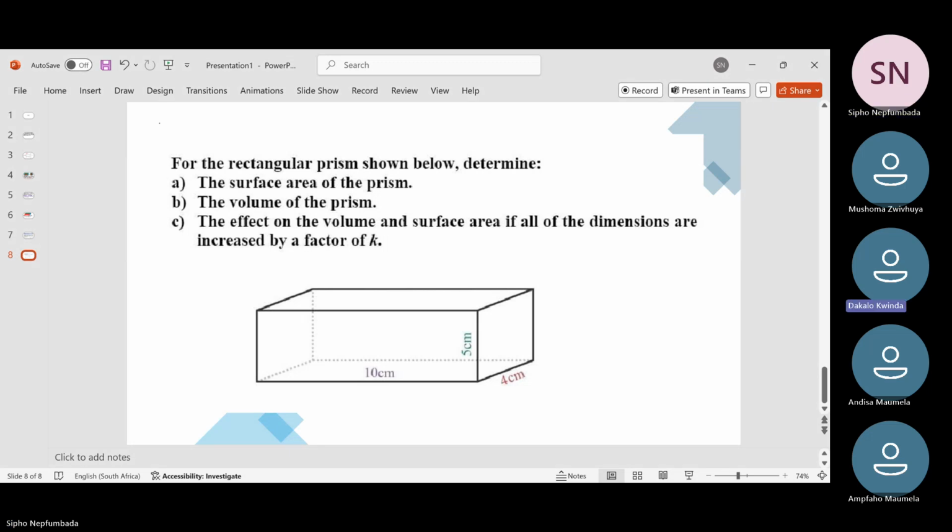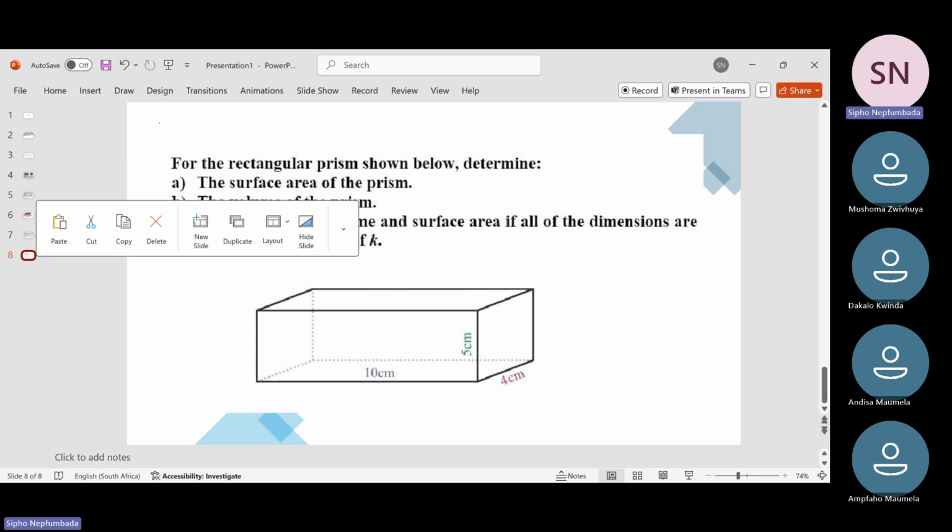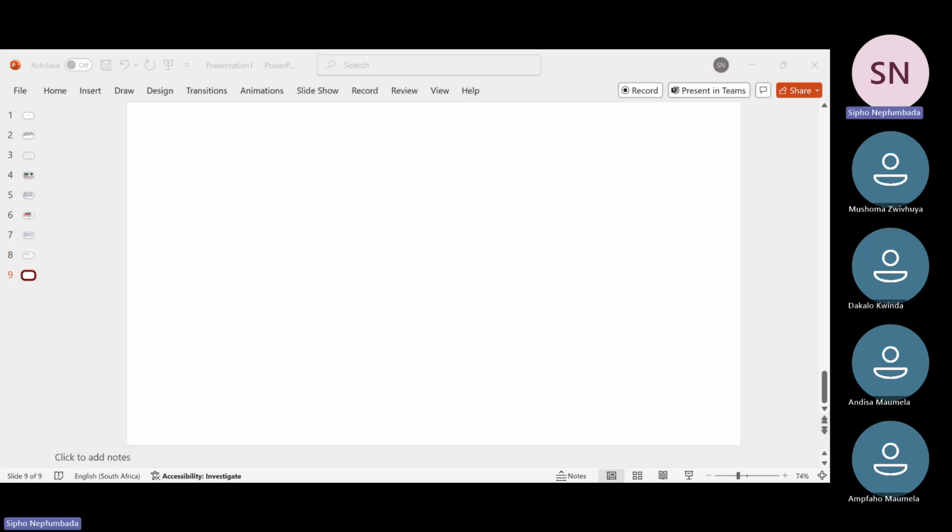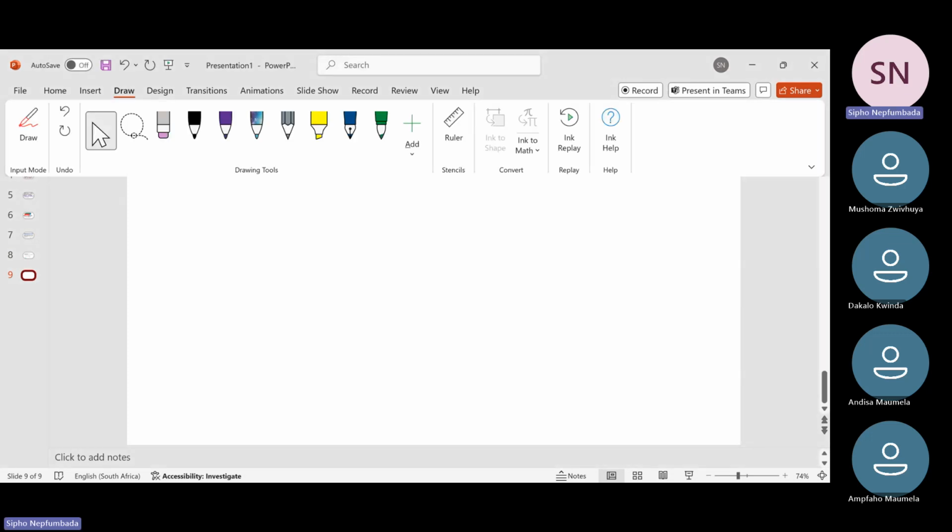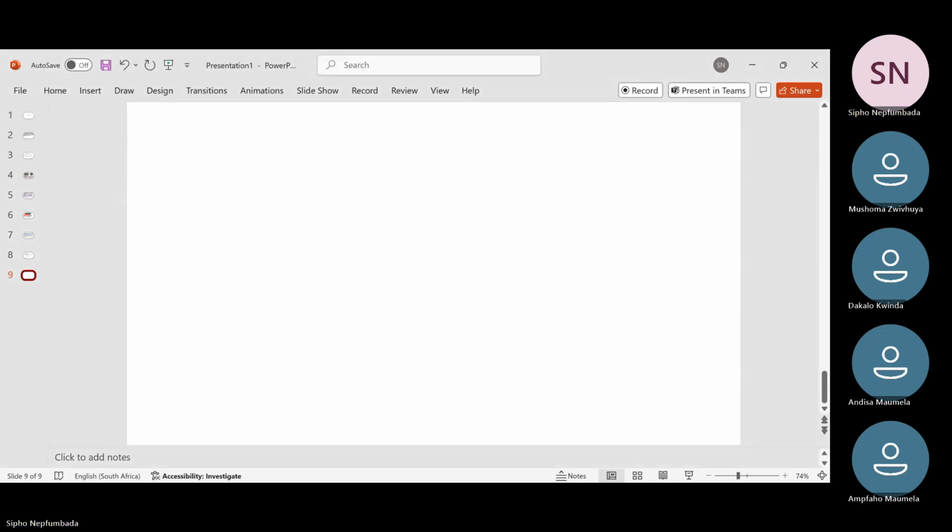For the rectangular prism shown below, determine the surface area of the prism. They say determine the surface area of the prism. Ampao, we said what is the formula for surface area of the right prism? It is 2BH plus 2LH plus 2LB.